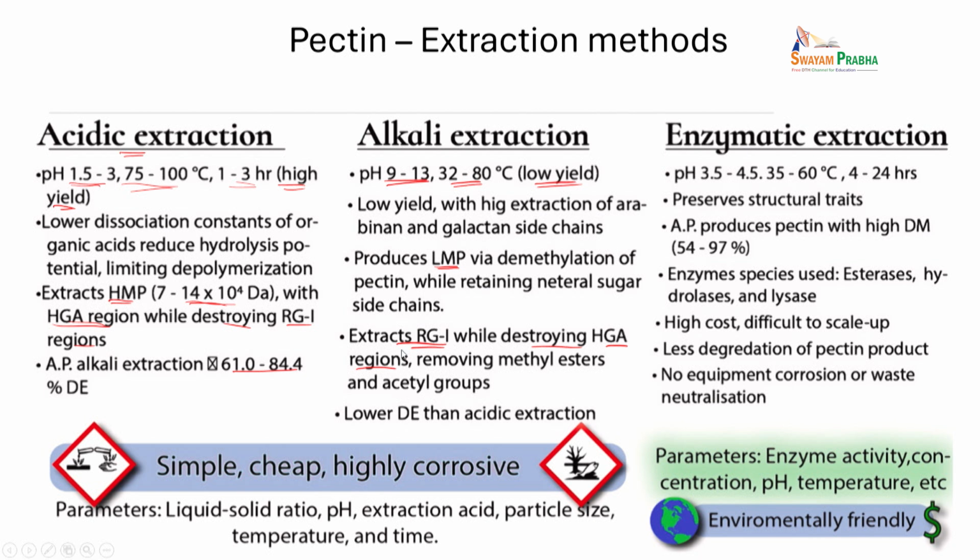So you can see a stark contrast between the acidic and alkali extraction. If you want to get the linear part of the polymer, the homogalacturonan, you would do acidic.